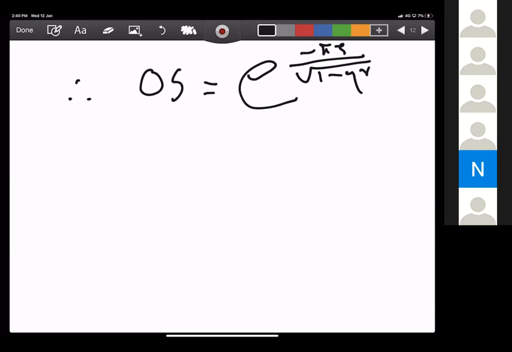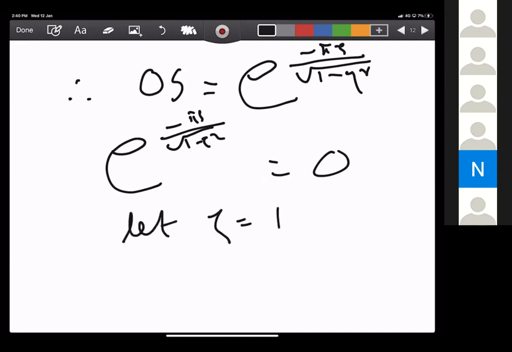So if OS is equal to 0, what is the value of zeta? Equal to 1. 0 ke 1. Tapi nanti graf dia akan jadi melatakan. Let zeta is equal to 1. So this one will be 1, and this one will be 0, alright? So dia akan jadi 1, betul tak? Exponent 0.